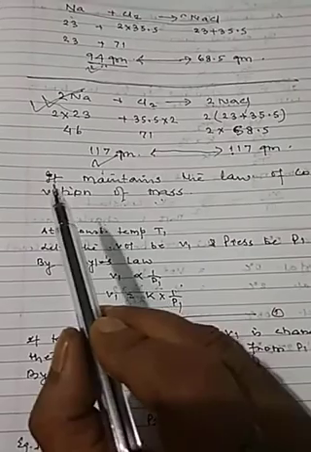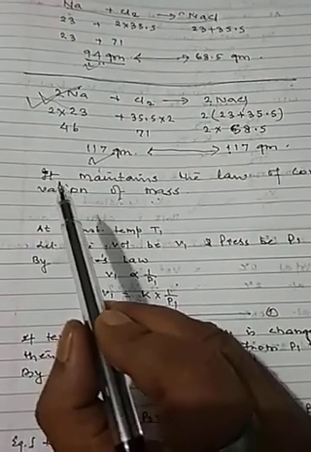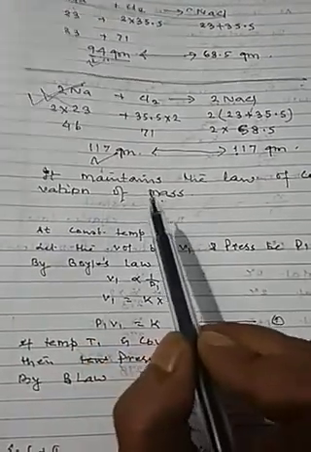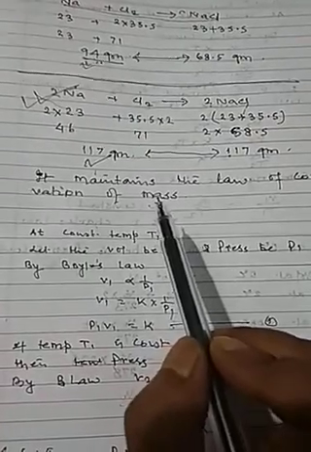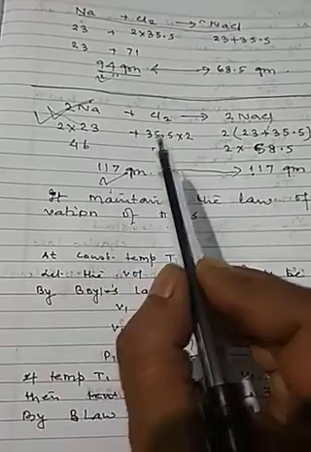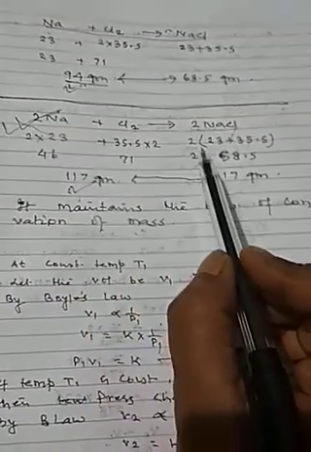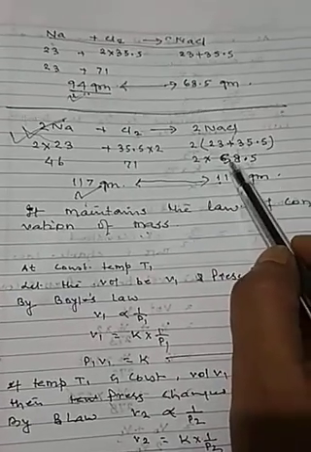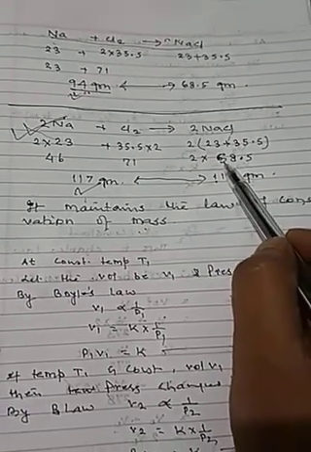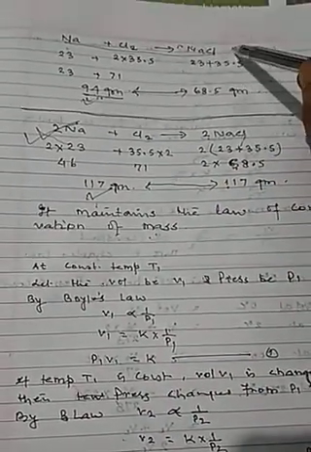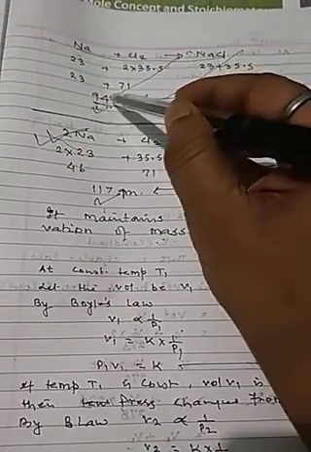So this stoichiometry maintains the law of conservation of mass. In stoichiometry, we will study the amount of the reactants and the amount of the product. We will be able to do this only if we balance the equation, because without balancing we could not get the actual mass.